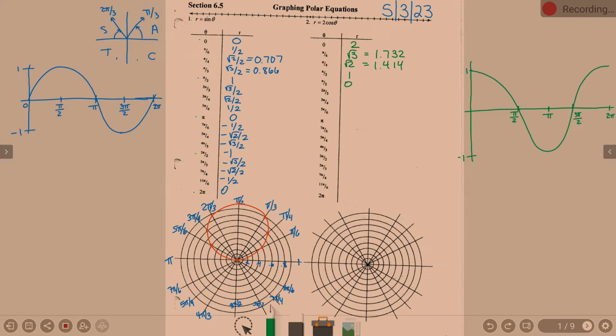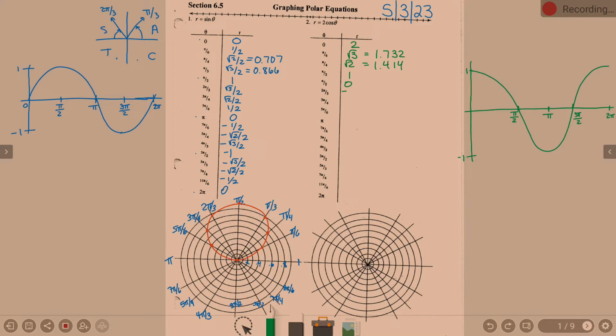Okay? 2 pi over 3. Negative square root of 3. Nope. We forgot to... I can agree with negative. Alrighty then. Why do we know it's negative?